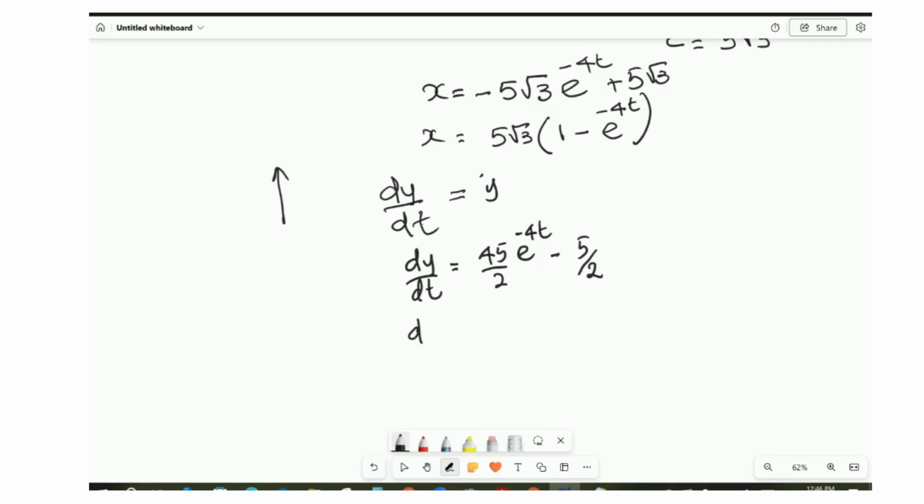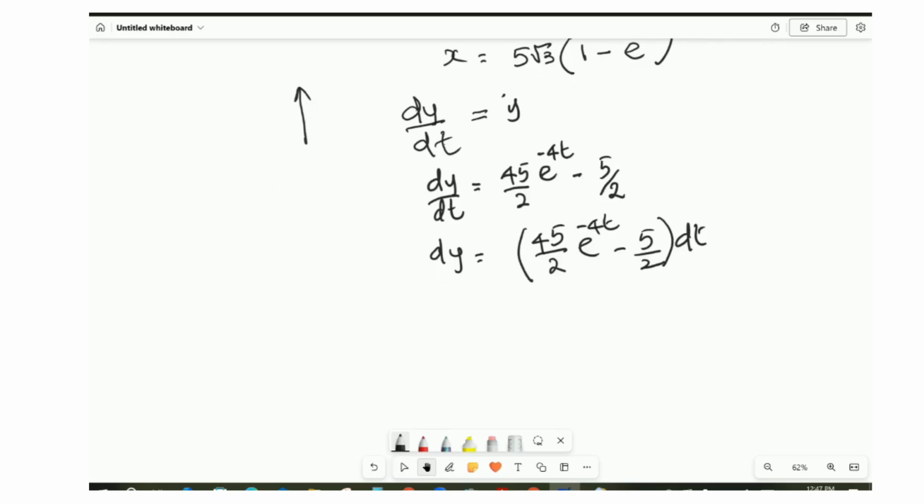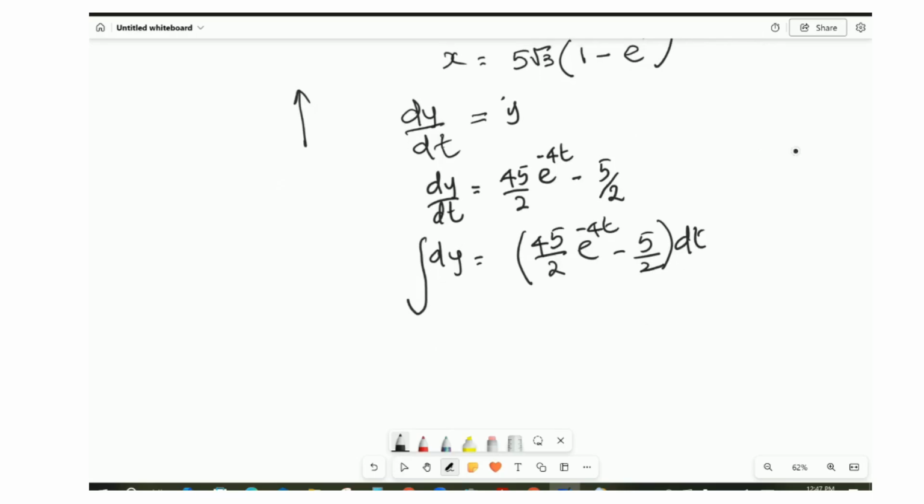So therefore dy is equal to 45 divided by 2 e to the power minus 4t minus 5 over 2 dt. Now I am going to integrate both sides.